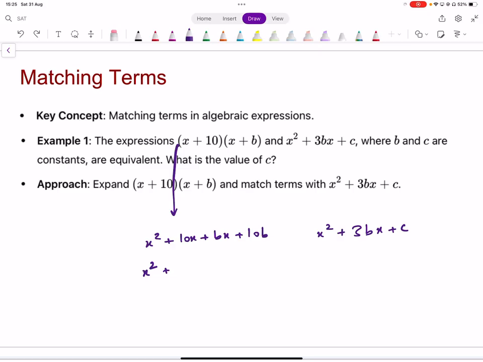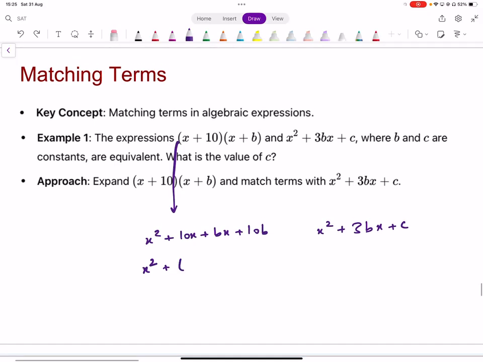So how do you write that? We can take x common and that leaves us with 10 plus b inside. So the coefficient of x therefore is 10 plus b. And the constant term therefore is 10 times b.